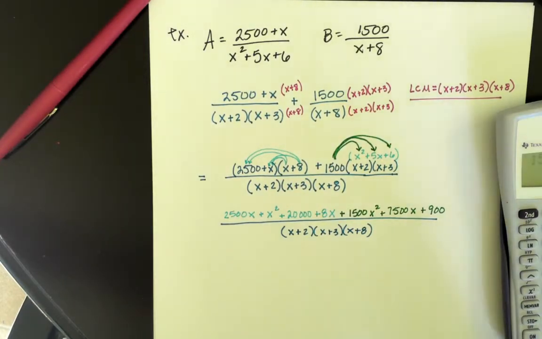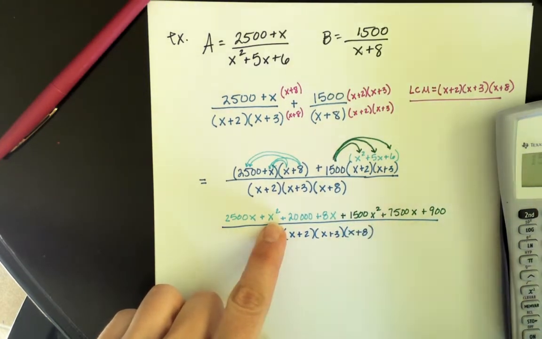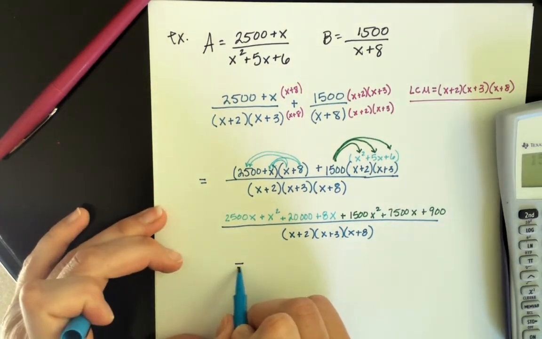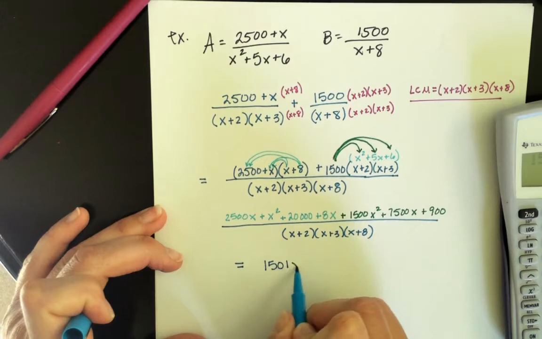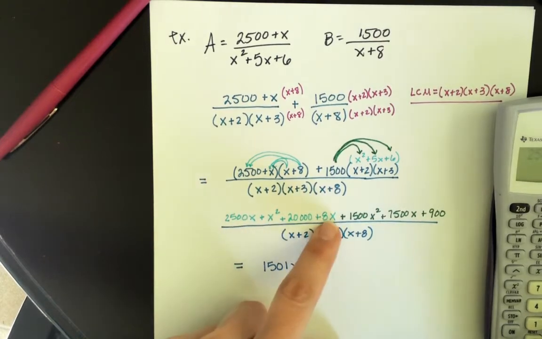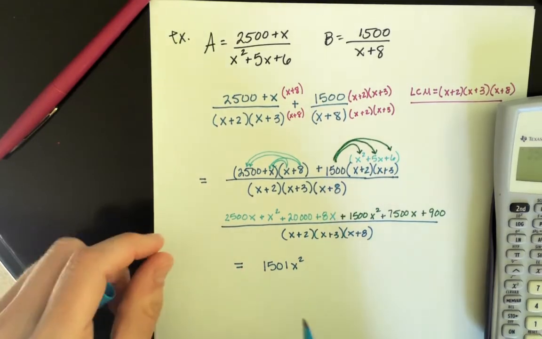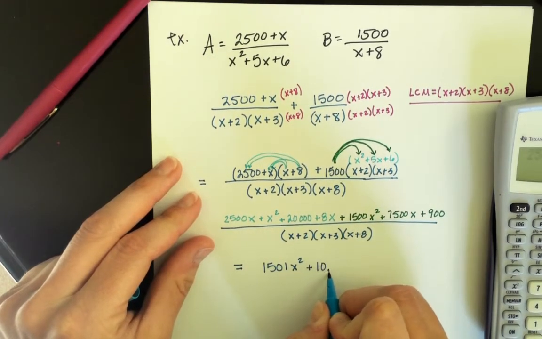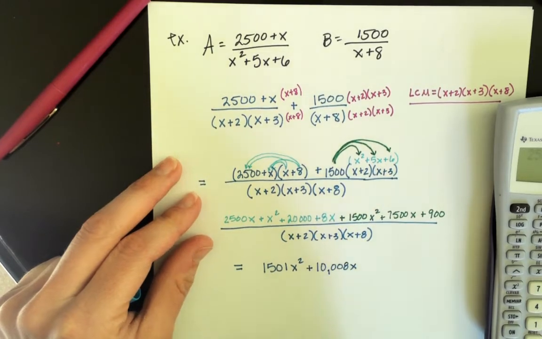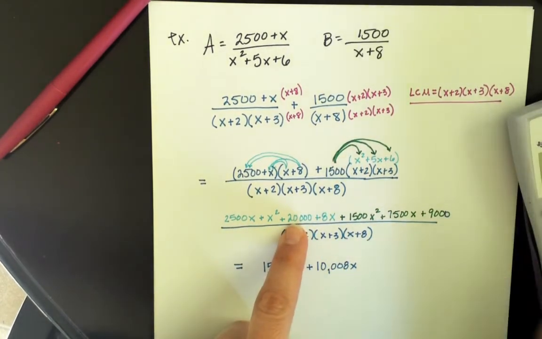So now we're going to combine like terms. And in combining like terms, we end up with 1,501 as our x squared term. 2,500 plus 8 plus 7,500, 10,000, 8x, and then 20,000, that was a 9,000.